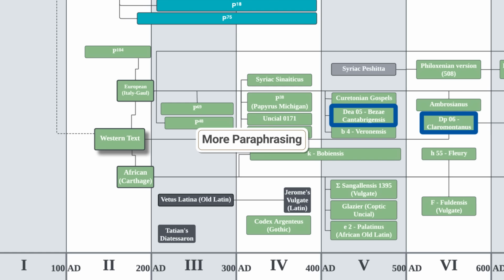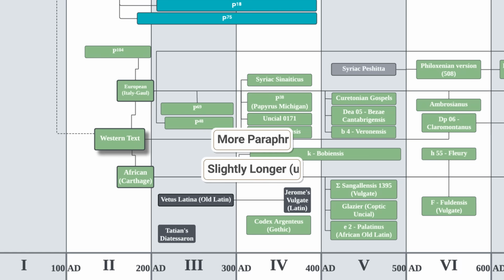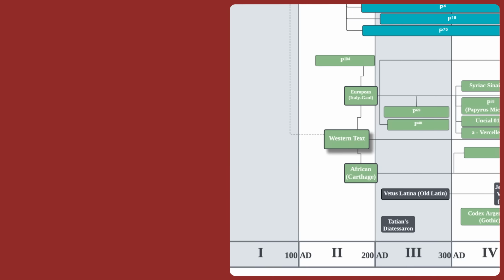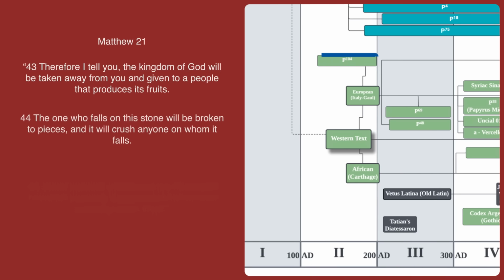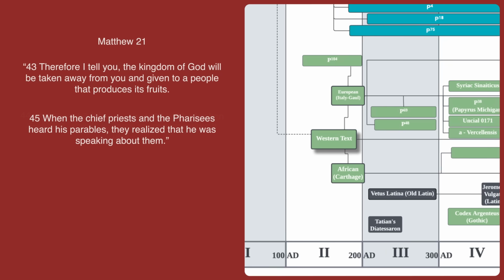This means that, generally speaking, individual Western readings of the Greek New Testament can be slightly longer. However, this textual family also contains some striking omissions. So, in a few places, the Western wording is actually shorter than in other streams. One example can be seen in P104, which includes Matthew chapter 21, verses 43 and 45, but not verse 44.